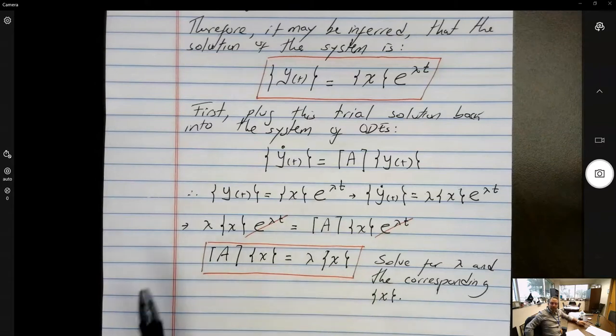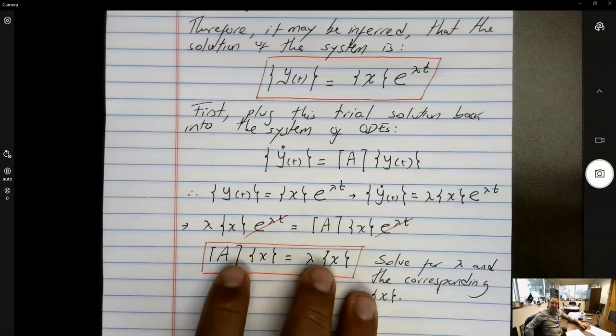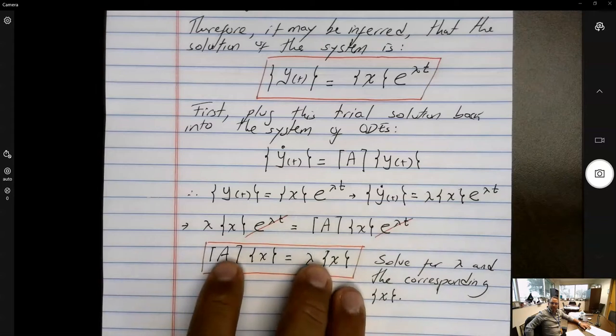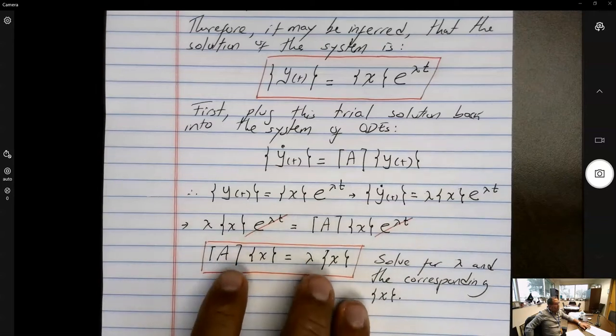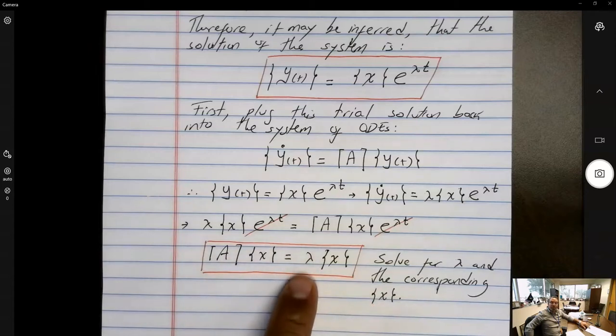By looking at this, what can we say? Well, we can say that if these were numbers instead of matrices and vectors, Ax is equal to lambda x, all we're saying is that A is equal to lambda. But that's not possible in a matrix system because this is dimensionally incompatible, right? A is a matrix that has n by n elements, and lambda is just a number.